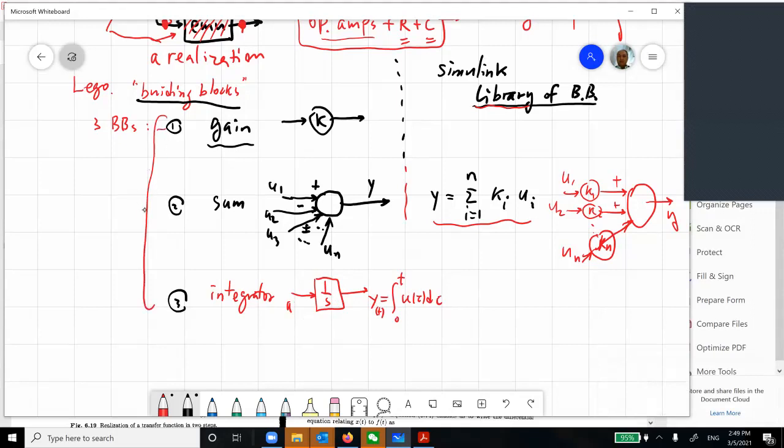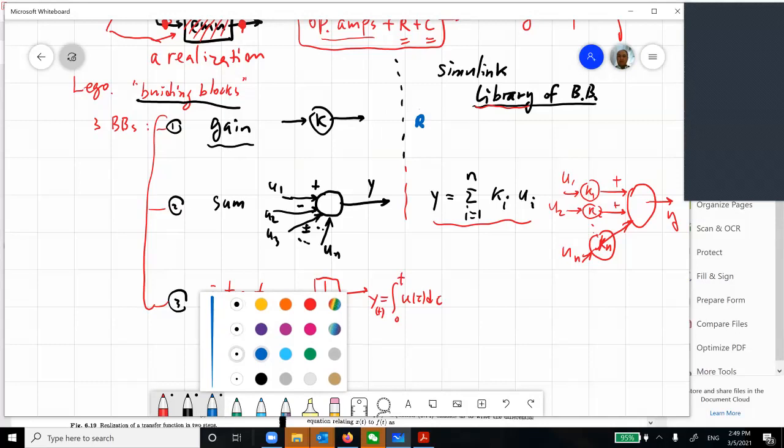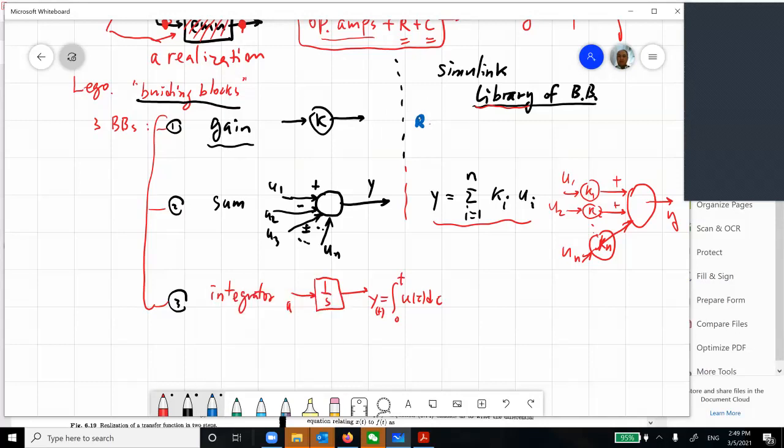But I said that we need to talk about Opamps, how this is done in Opamps. So gain, do you know how to do the gain? You have an R in here, then you have, usually you have negative, you have plus in here.